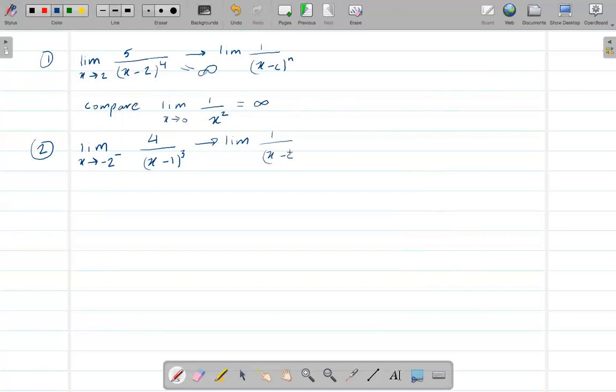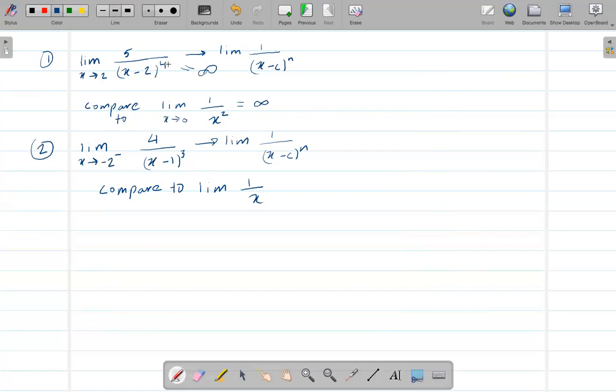If n is odd, we compare this to 1 over x. If n is even, we compare to 1 over x squared.